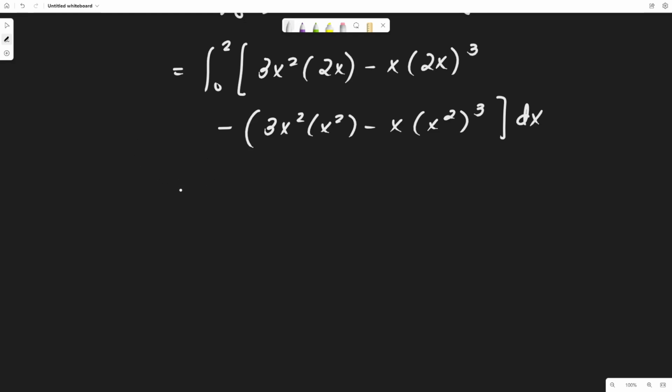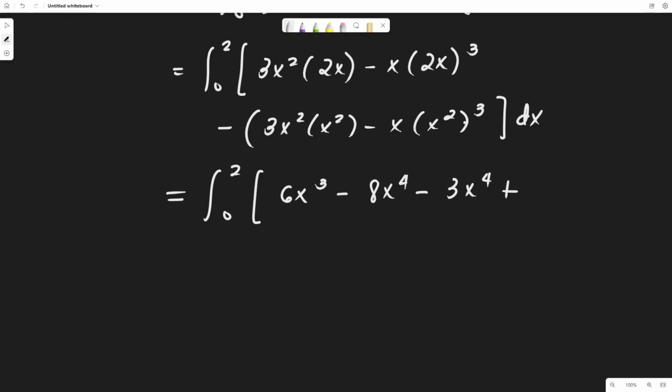So we have from 0 to 2, no? This is 6x cubed minus, so this will become 8x to the fourth. Diba? Then minus, this is 3 times x to the fourth. So, minus 3x to the fourth.